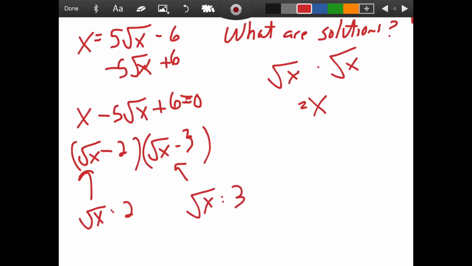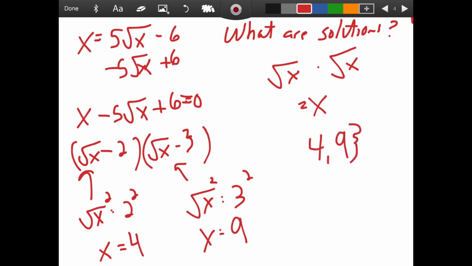Now, since we're taking the square root of this x, in order to solve for it, just like the last problem, we want to square both sides. So on the left side, we get x equals 4. Here we get x equals 3 squared, which is 9. So I'd have a solution set for this problem, 4, 9. Solution set, and I'm good to go. Most likely a multiple choice.